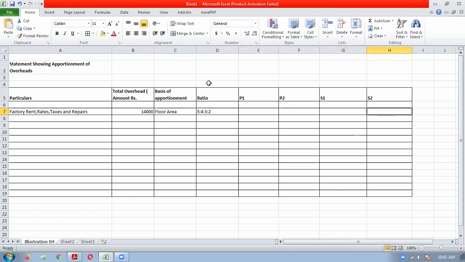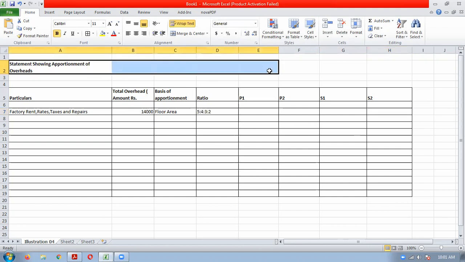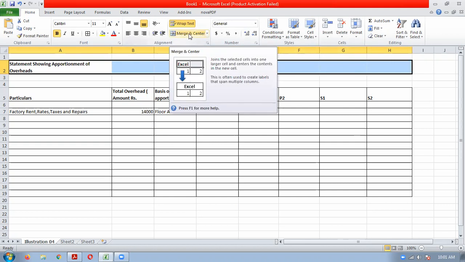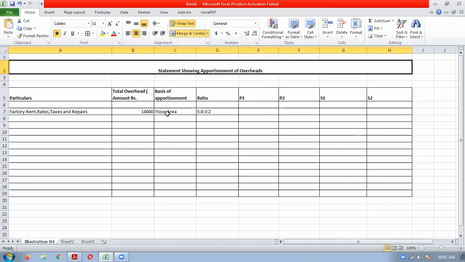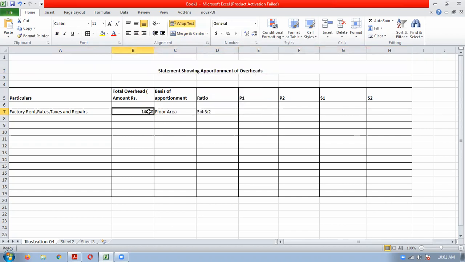This is known as apportionment of overheads. Everybody quickly do. 14,000, you divide it in 5:4:3:2 and put it in the respective columns.